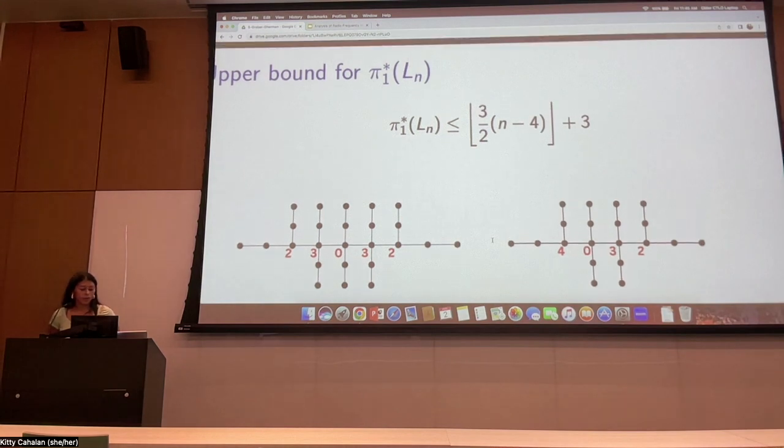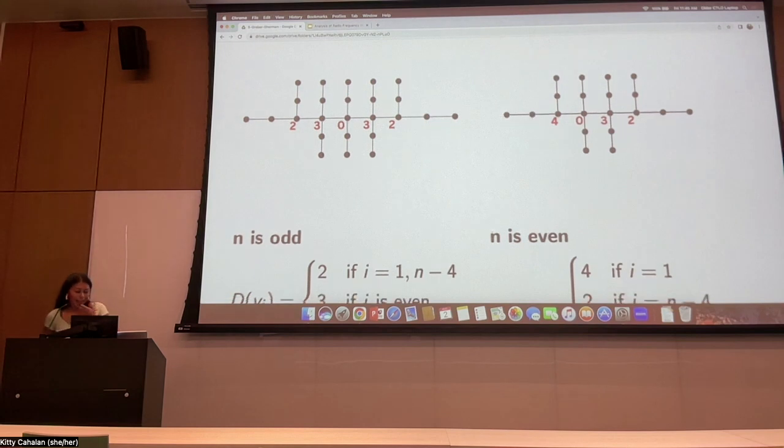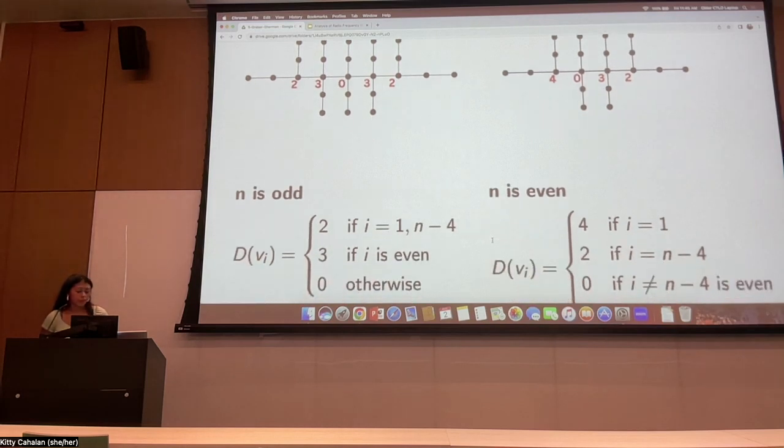On the left, we have an odd maximal lobster tree. In this algorithm we created, for the first and last lobster joint, you would place 2 pebbles and then you have an alternating pattern of 3s and 0s to ensure everything is 4-reachable. And 4-reachable just means that you can move pebbles 2 distances away, and that ensures every leaf gets at least 1 pebble.